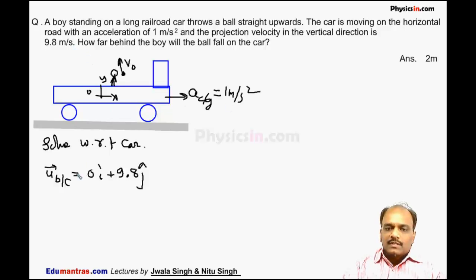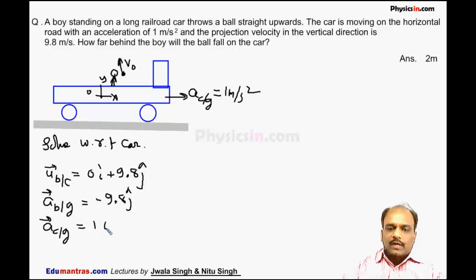Now the car is accelerating. The acceleration of the ball with respect to ground: we know the ball will always move vertically downward with an acceleration of 9.8 j cap. And acceleration of the car with respect to ground is given, that is equal to 1 i cap.